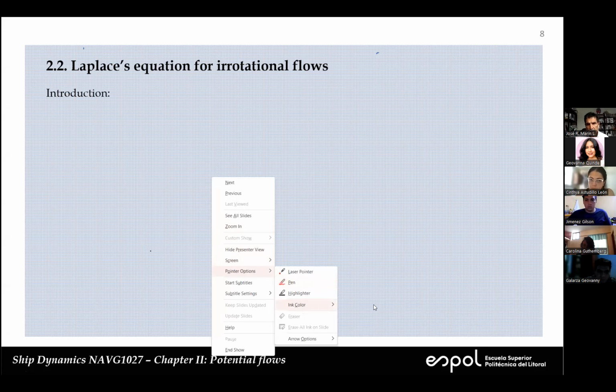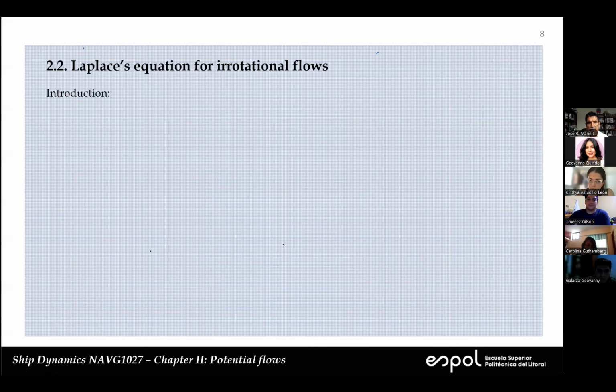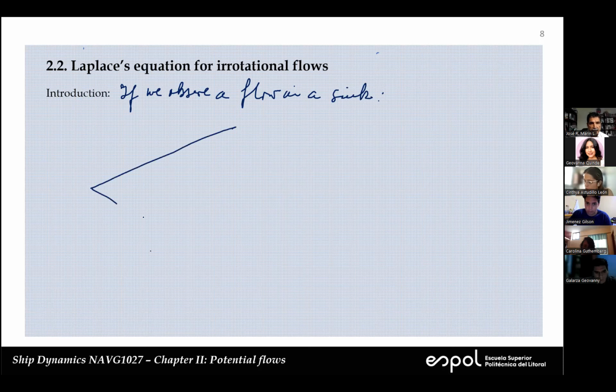Okay. So first, we are going to work with cases where we have no influence of viscosity. Now, if we observe a flow in a sink, in the kitchen of our house, we have something like this. That's a big sink.